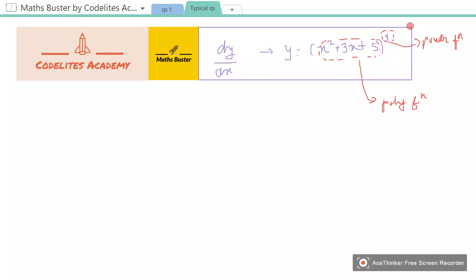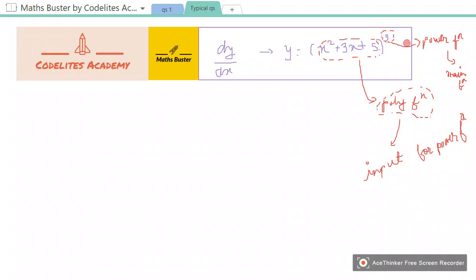So see, this cube is getting applied on this polynomial function, or the polynomial function acts as an input parameter for your power function. So power function is your main function. Main function means first we'll be considering that function in your chain rule.